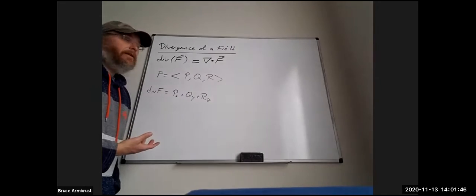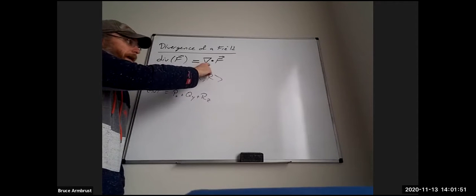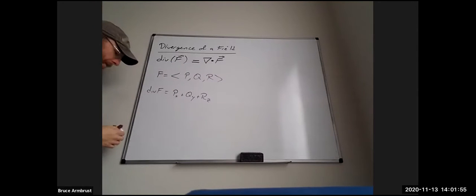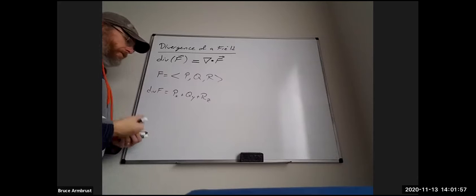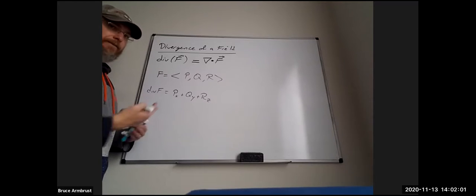It's just a scalar. You can think of it as a dot product, and that's why this notation comes about. If you think about the del operator, like when you do a gradient, you're taking partials with respect to x, y, z.